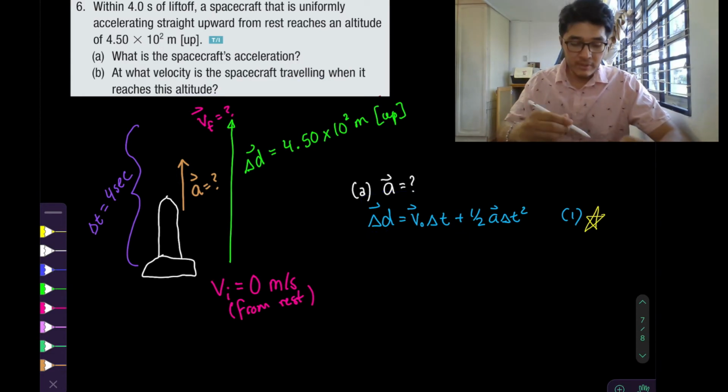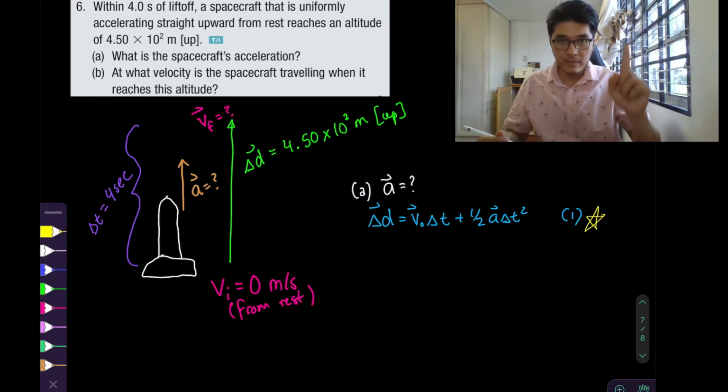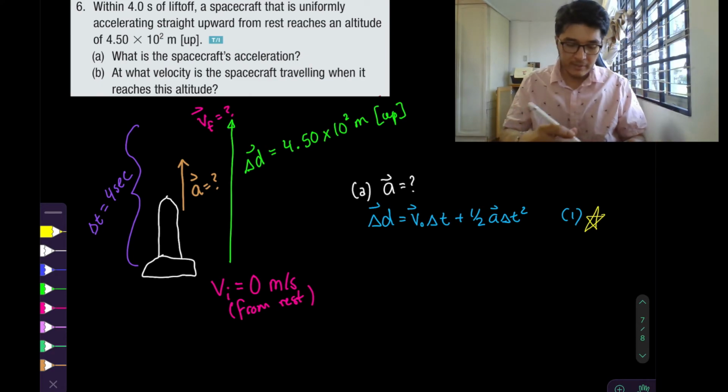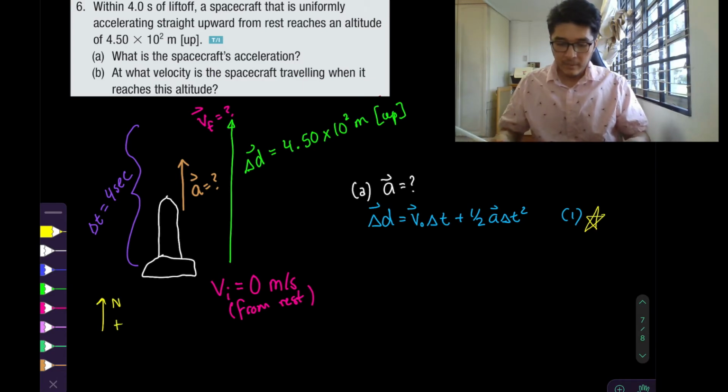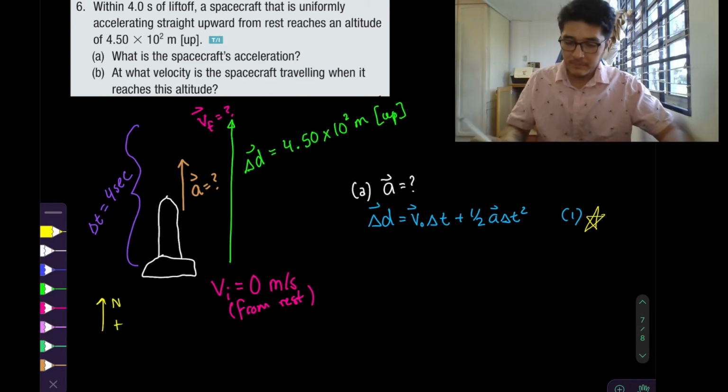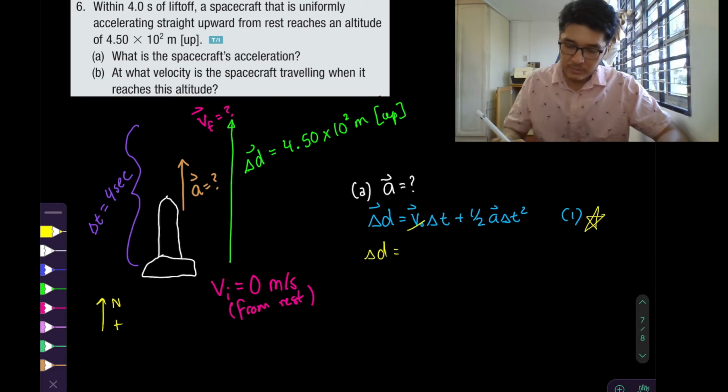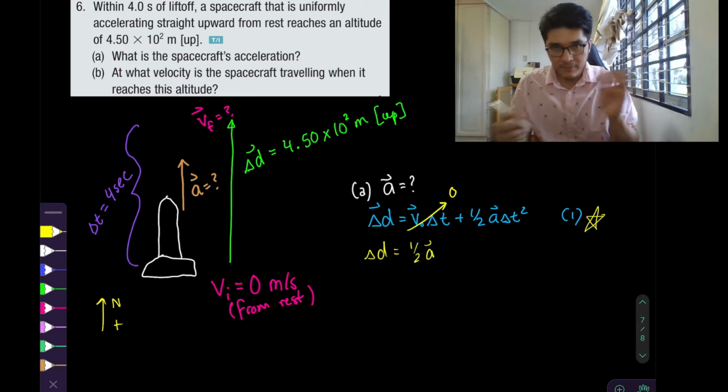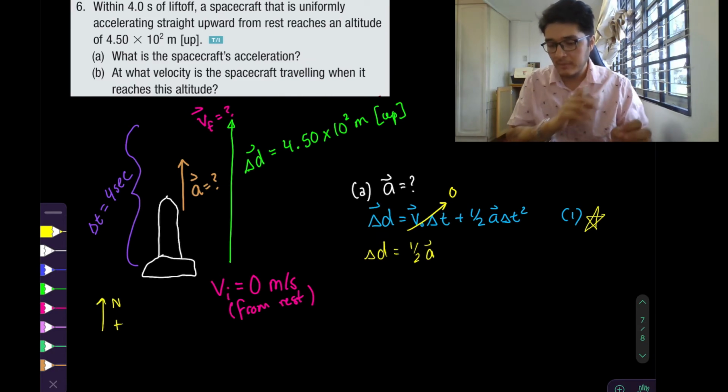And we're going to have to use a convention. In this case, we're going to assume that it is moving up. We're going to take it as a positive value. So north is positive. Okay, so this means our displacement is positive, so we leave it alone. Let's put delta D. Our initial velocity is 0, so this whole term goes to 0. Our acceleration is unknown, so let's leave it as a vector for now. We do know it should be up, but if you're not too sure, just leave it as a vector.